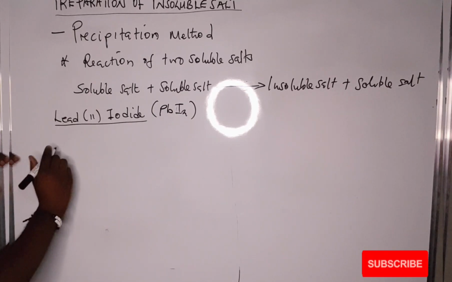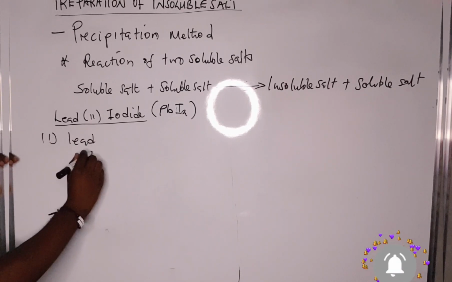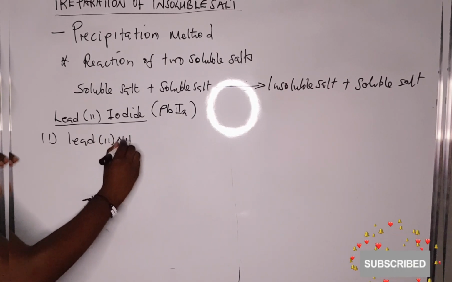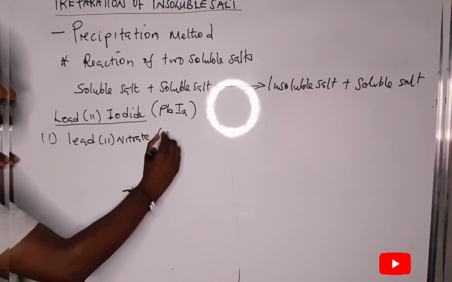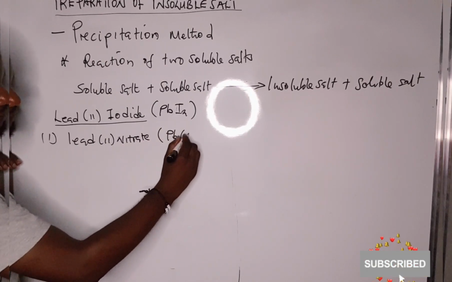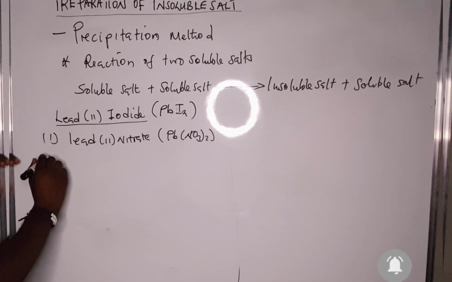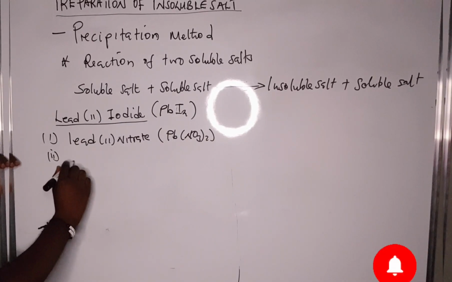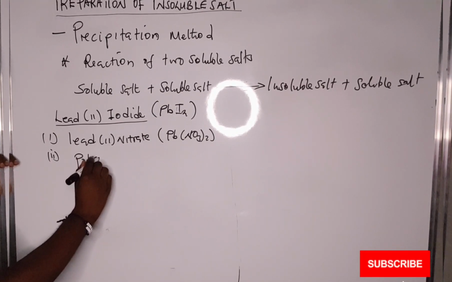So in this case, we have one reactant, which is lead nitrate. Then we also have another reactant, which is potassium iodide.